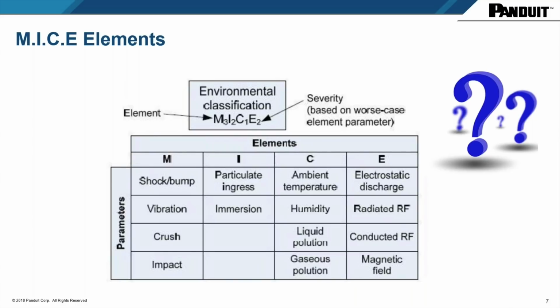When you look at the I element, the ingress element, we are basically concerned with water and dust. And you could have different concentrations of water and dust in a given environment. So it starts from absence of dust and water to presence to intermittent presence to immersion.